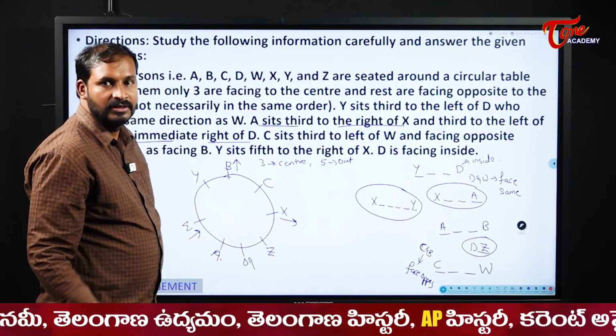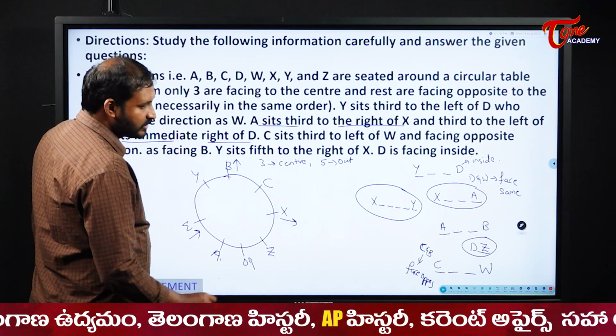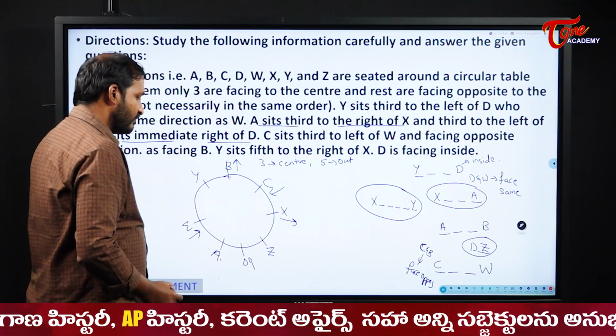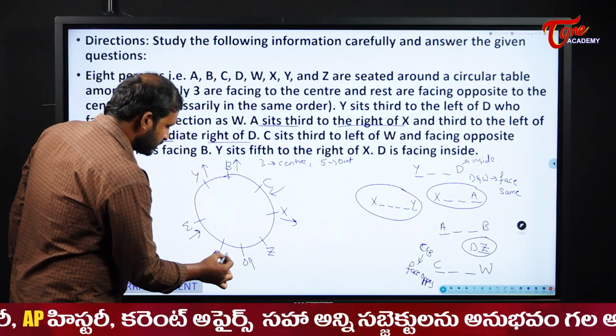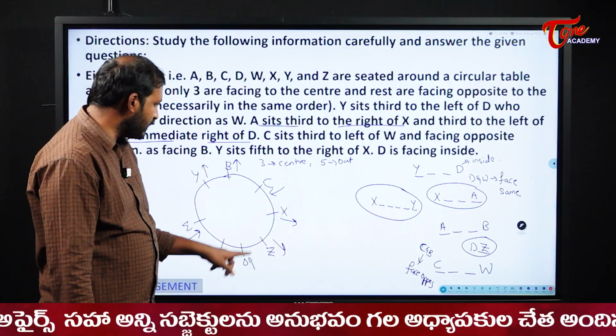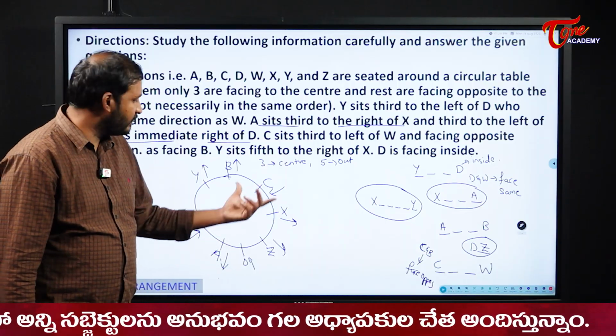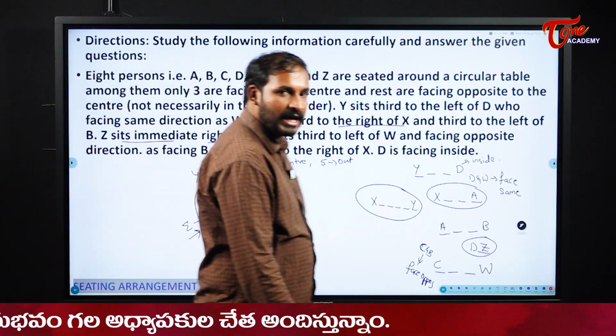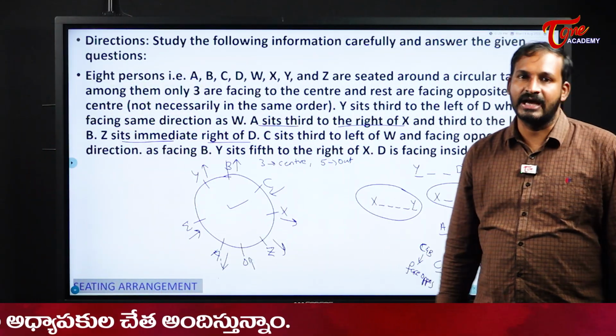So the only chance for us is, since C and B face opposite, B facing outward means C will face inward. Then all the remaining persons will face outward. Why? Because only 3 persons face inward. We came to know that W, C, D will face inward, so the remaining 5 persons will face outward. So this is my final arrangement.